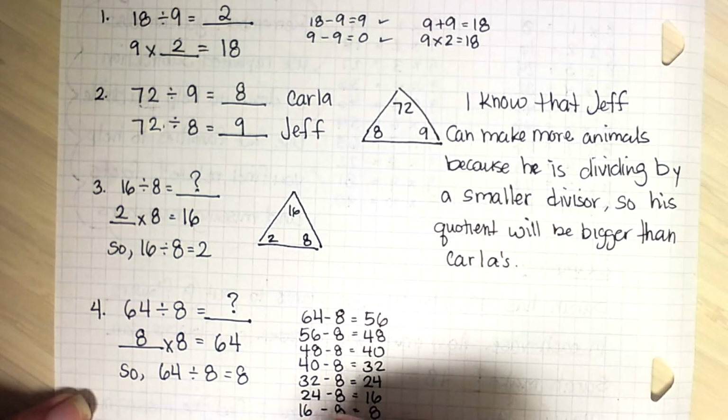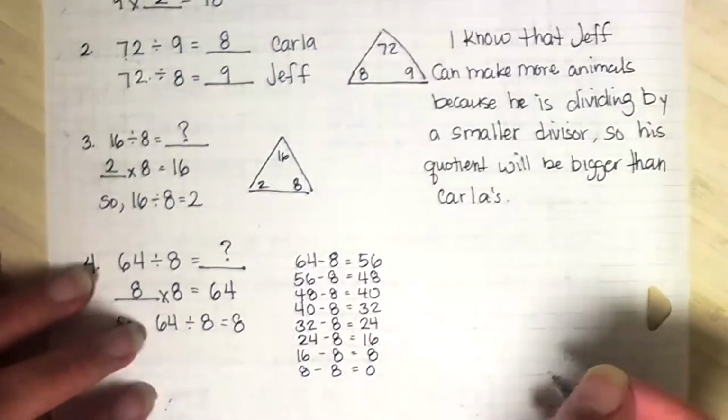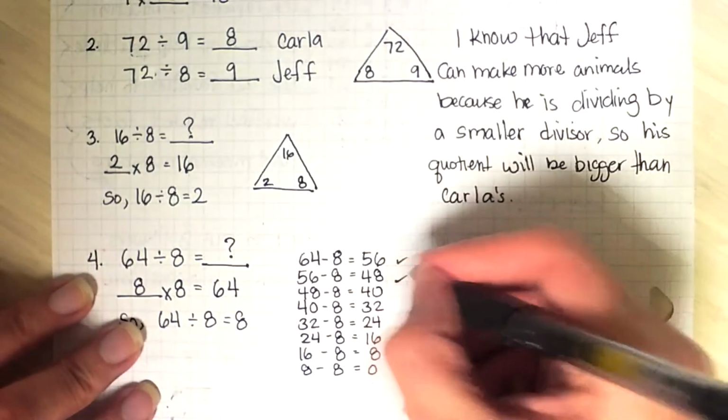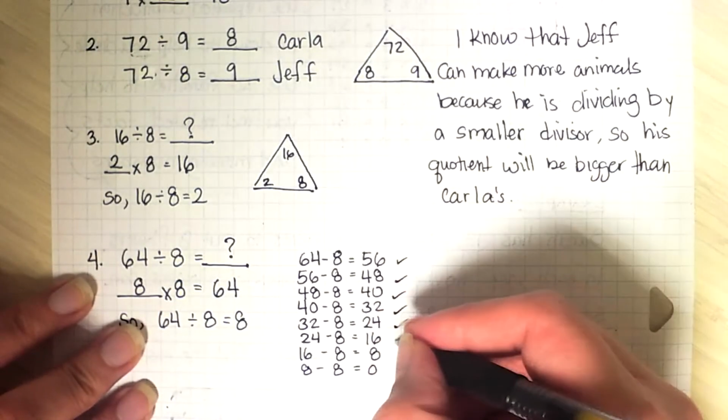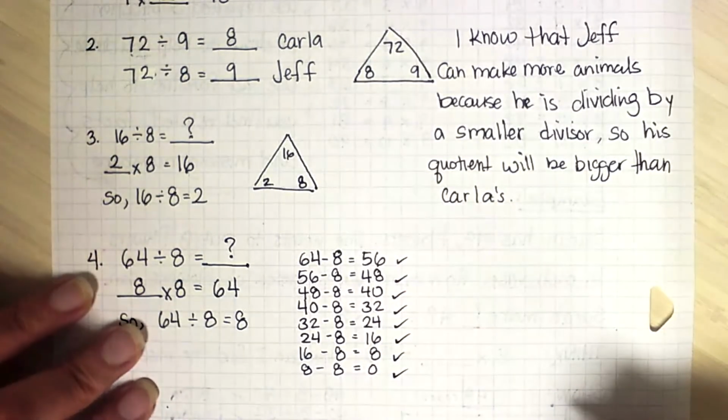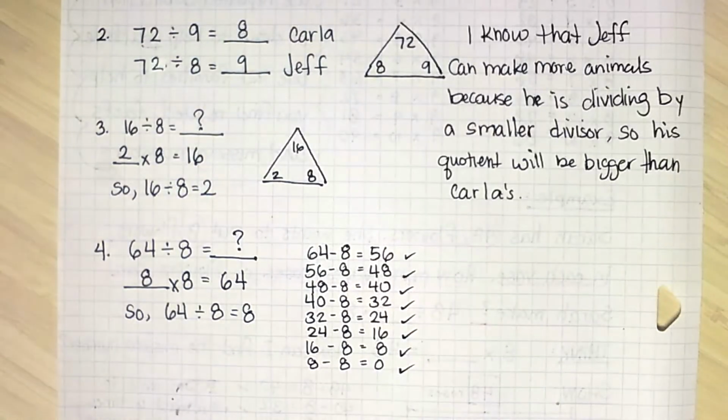And then 8 minus 8 is equal to 0. So I could have done my repeated subtraction this way and counted 1, 2, 3, 4, 5, 6, 7, 8 times. I was able to subtract groups of 8.